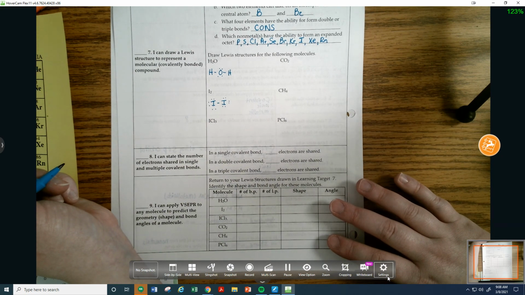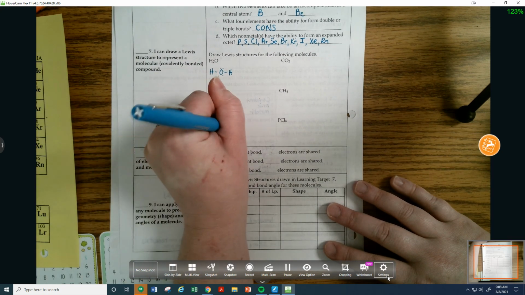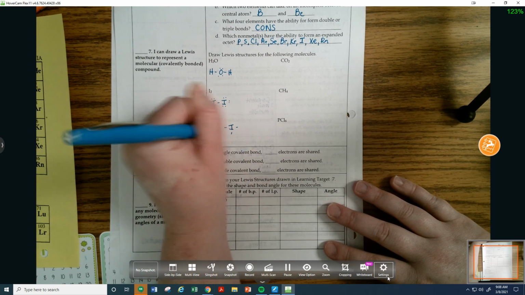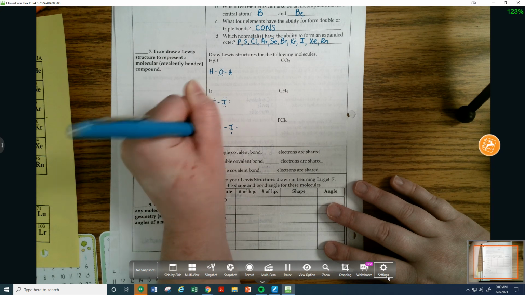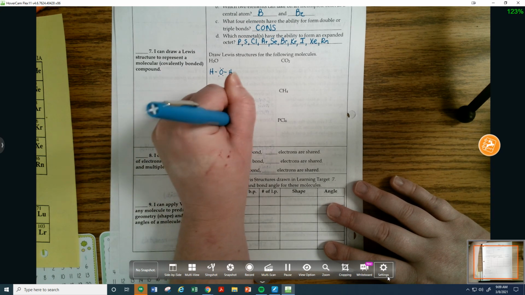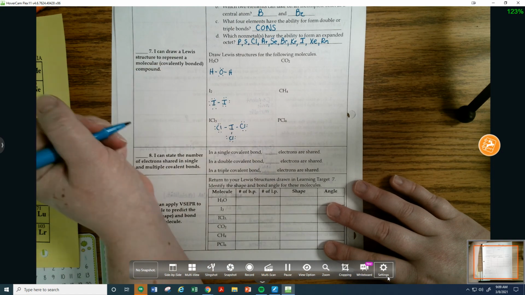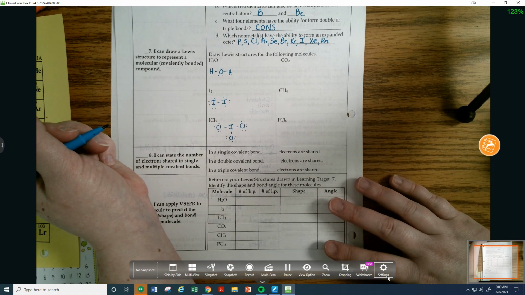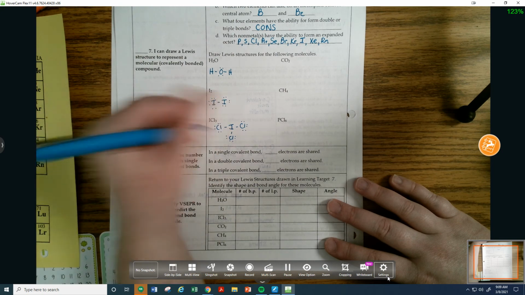This one you have to be careful with. ICl3, you have 28 electrons to spend. I is your center. Go ahead and add your chlorines. And then from here, you need to be careful with your iodine.